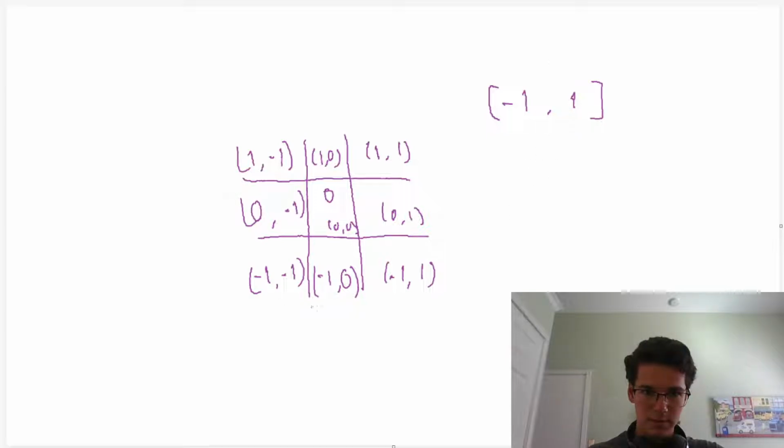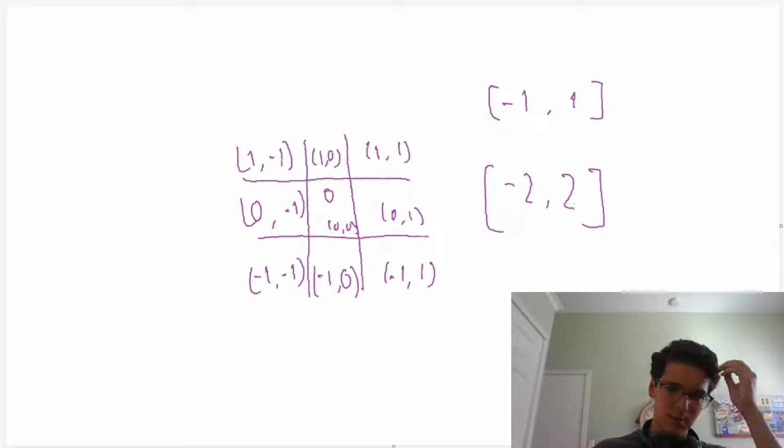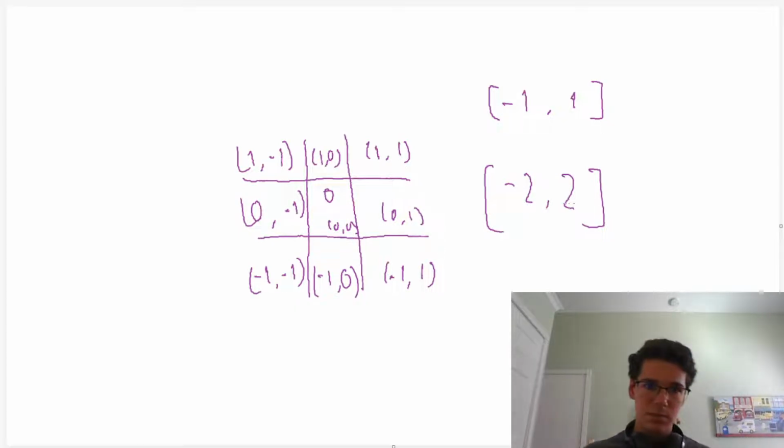And then if it was none of those values, this is the same for row and column, we would do negative 2 through 2. And it doesn't exactly matter which order we do it in, just matters that we get through all of them. So maybe I would have one for loop.